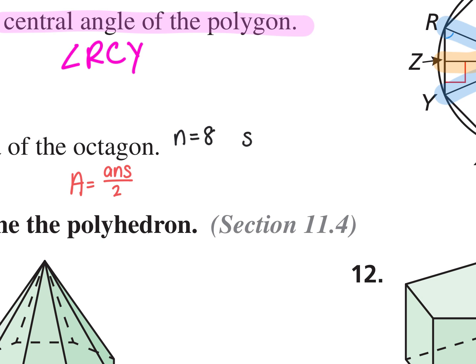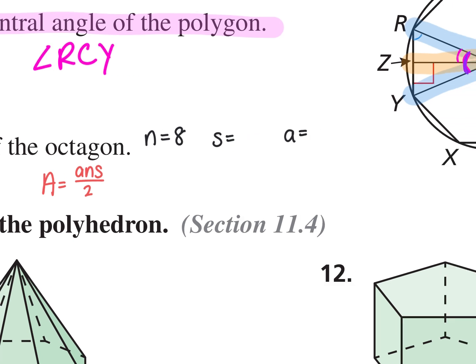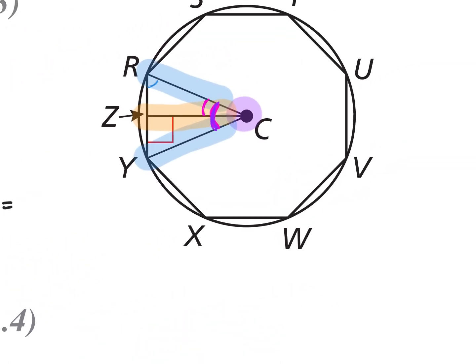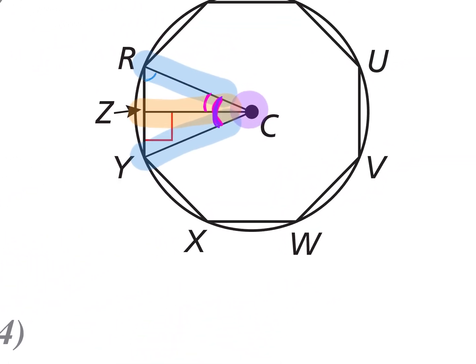Do I know the side measure? No, I don't. Do I know my apothem? Again, no, I don't. So that's what I have to solve for. Looking at this diagram, we know that this angle right here, we said is 45 degrees. I know that I have a right angle, and I know that my radius is 8, because that's what they told me.